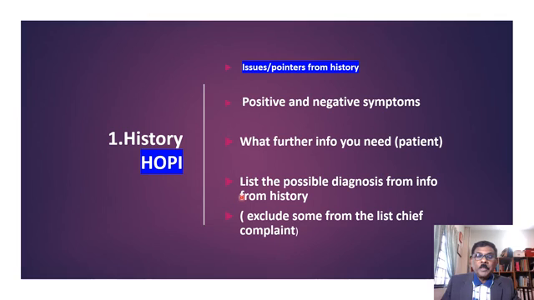From the list of positive and relevant negative symptoms, you list the possible diagnoses from the info you have got from the patient, and then exclude some of the causes from the list prepared after the chief complaint.